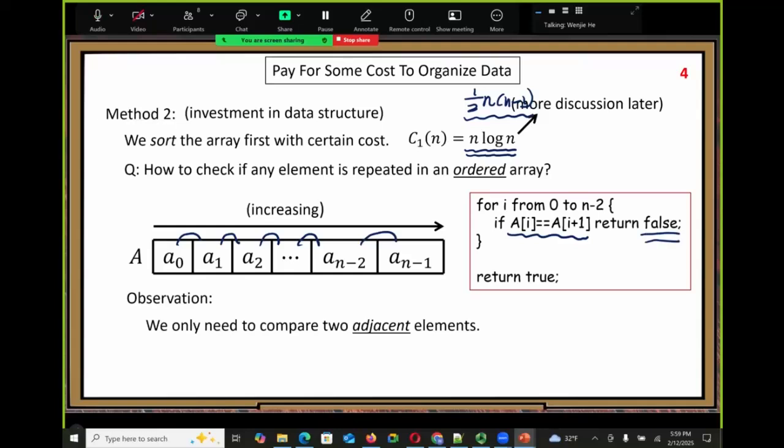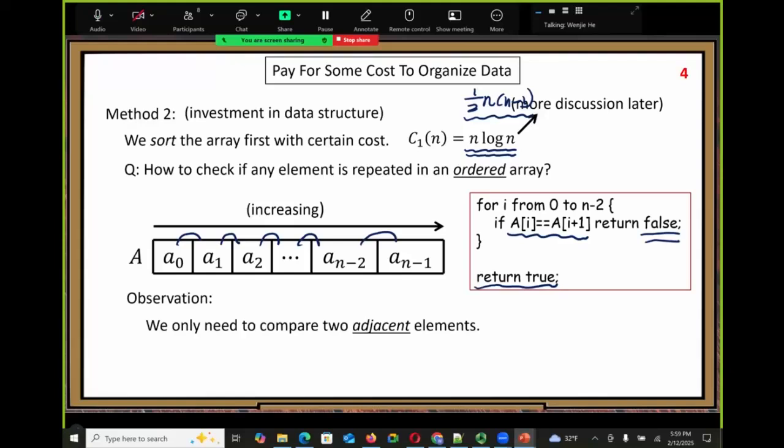If the condition is never true, if the adjacent elements are never the same, then at the end you return true because the elements are distinct. So that's the logic.